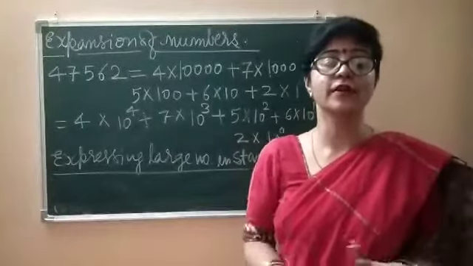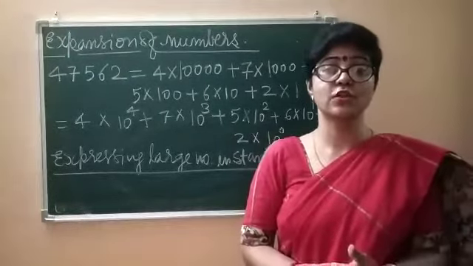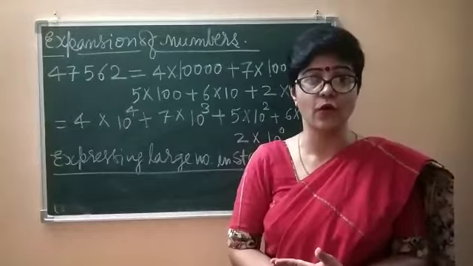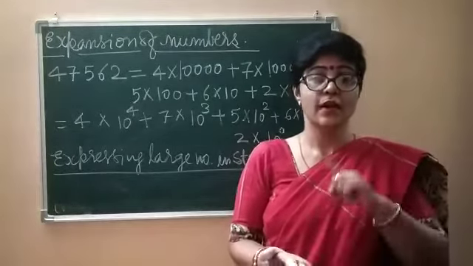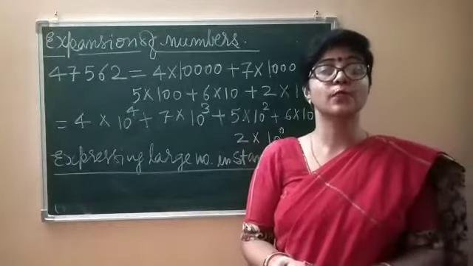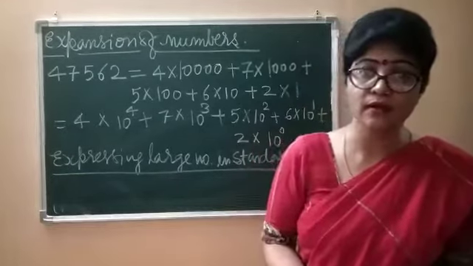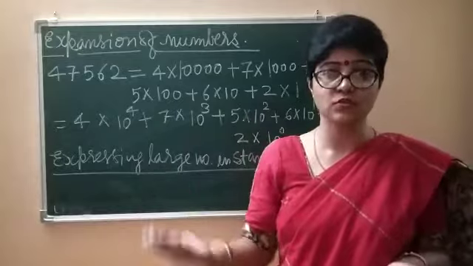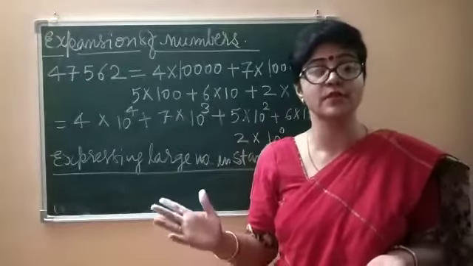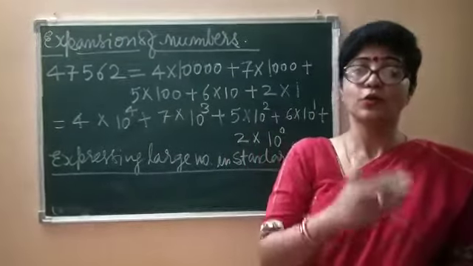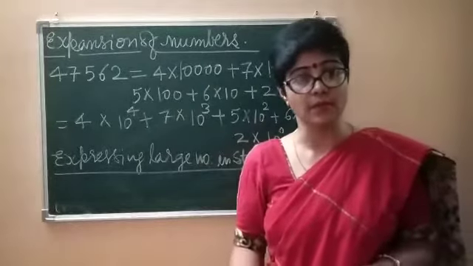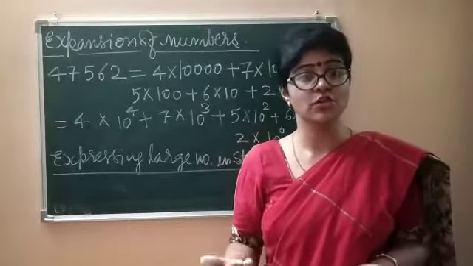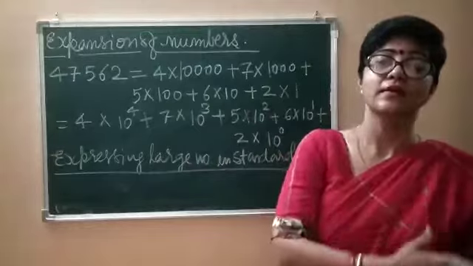We have already discussed it. It is just to make the number readable, easy to understand, and easy to compare with other numbers, so we can find which number is greater and which is smaller, and to make operations with the numbers easy. We used to write in exponential form, or in standard form.